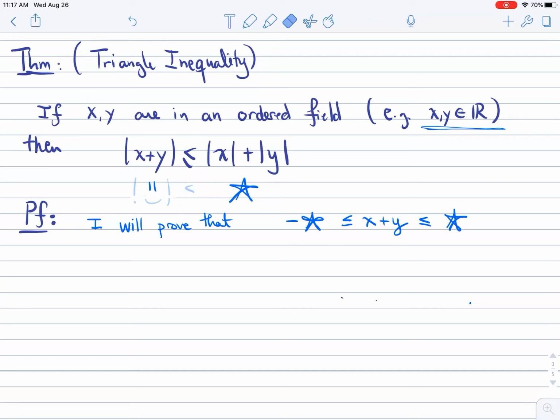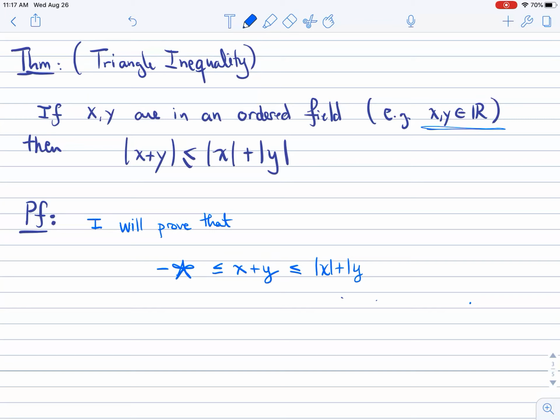Now I'm gonna erase the smiley face. I'm gonna erase the stars, because we need to understand what's going on with the actual quantities. So what I'm going to show is that that argument of the absolute value function is between our star and the negative of that star.